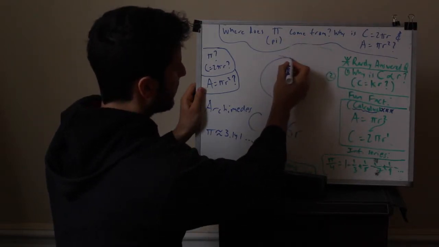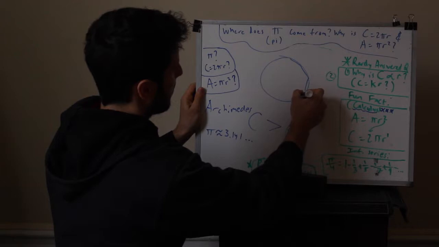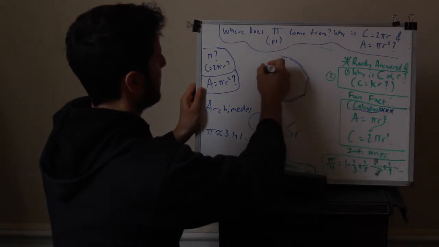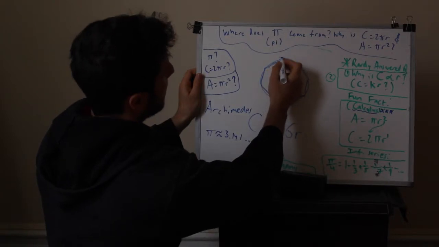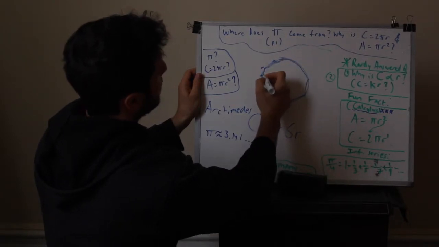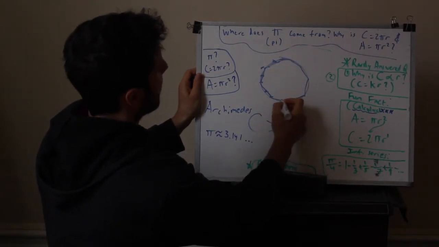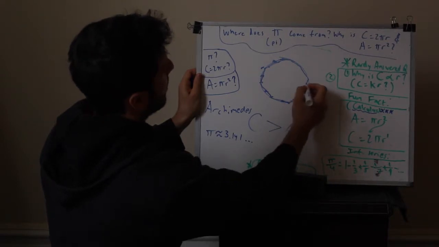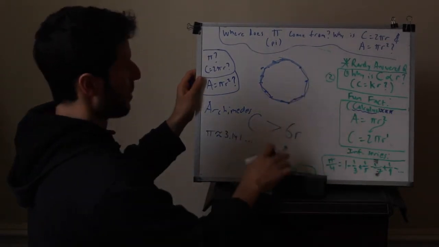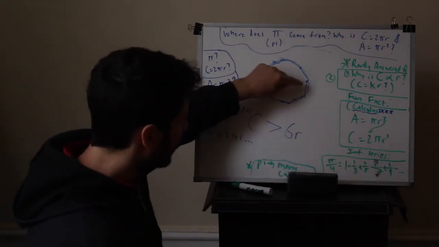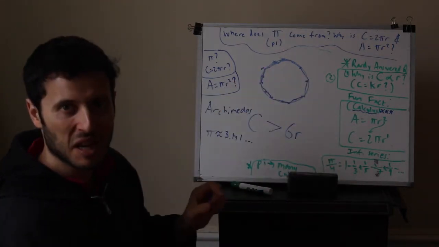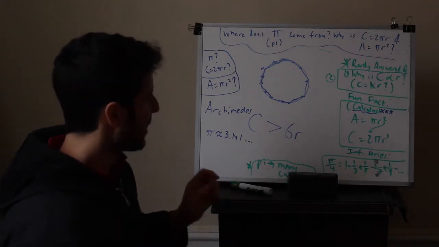I'm just going to make this many sided, so ignore my terrible diagram. The point is, if you create a polygon out of many points, you'll notice that it starts to approximate the circle. These little gaps, these discrepancies, are almost insignificant.